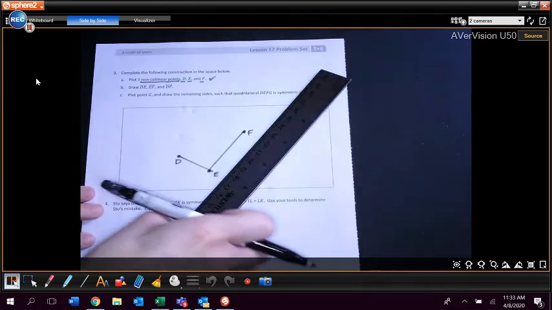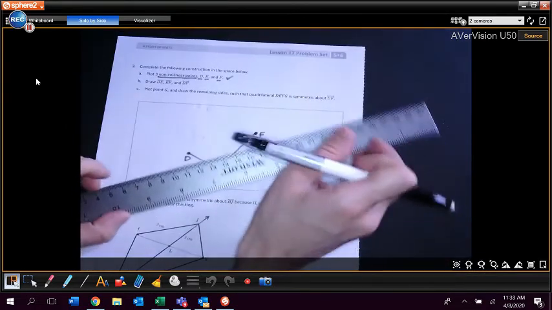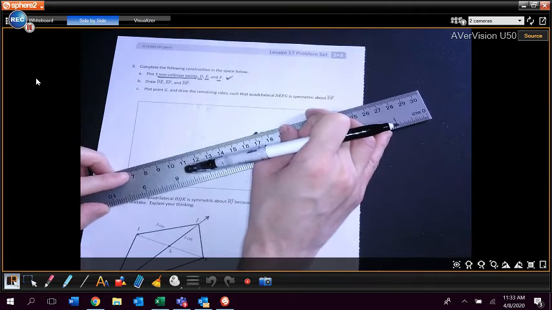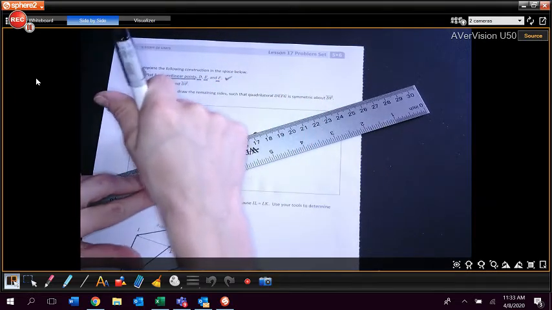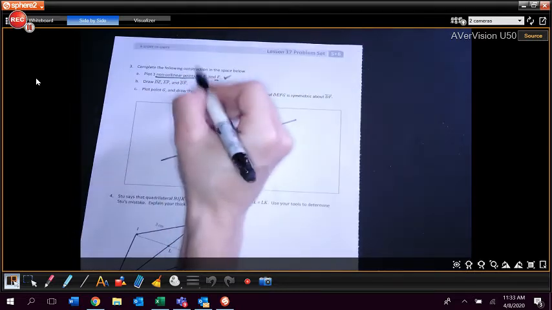Sorry guys. There, EF. And then it's asking me to draw DF. So now I'm going to draw DF. All right, so I already did B.